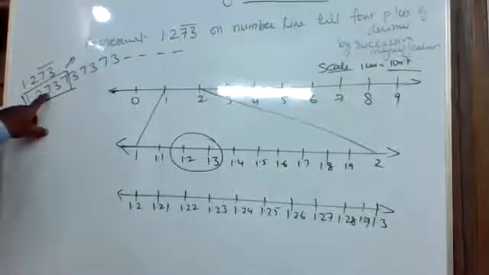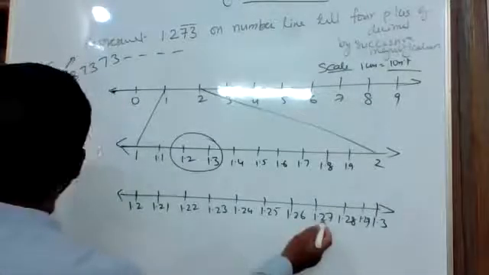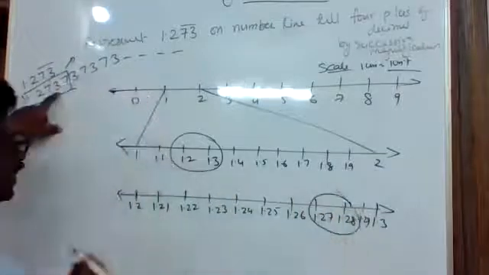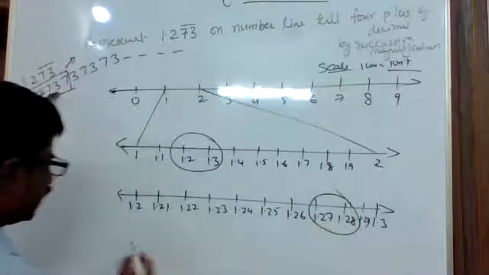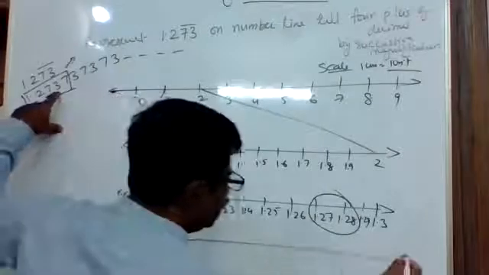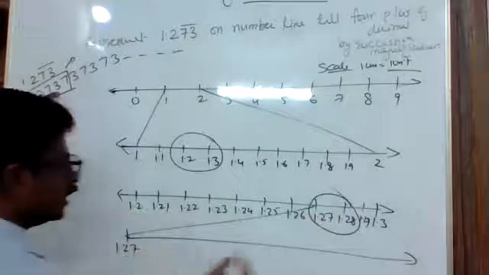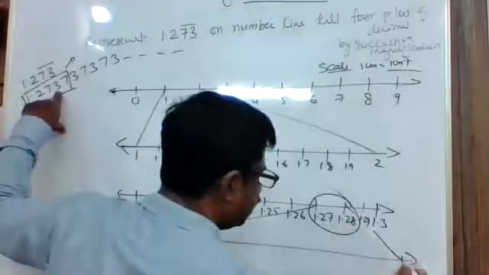After taking this 1.27, the next number is 1.273. Therefore, between 1.27 and 1.28, I have taken 1.27 here and 1.28 here.